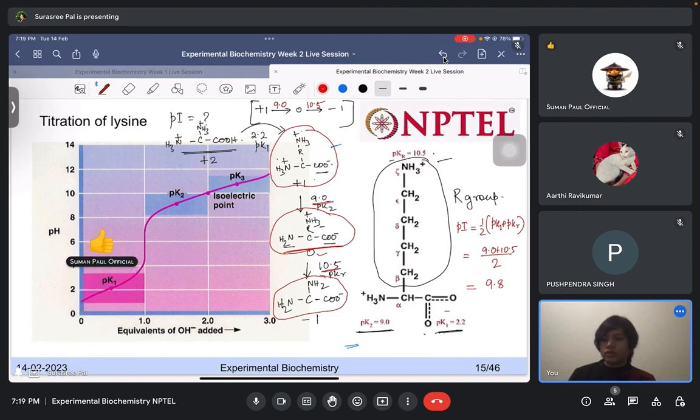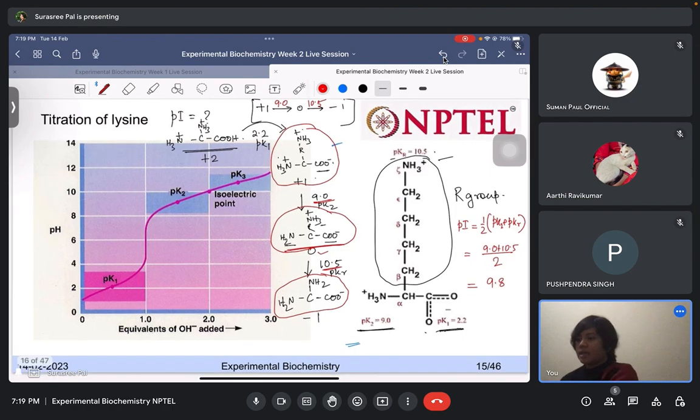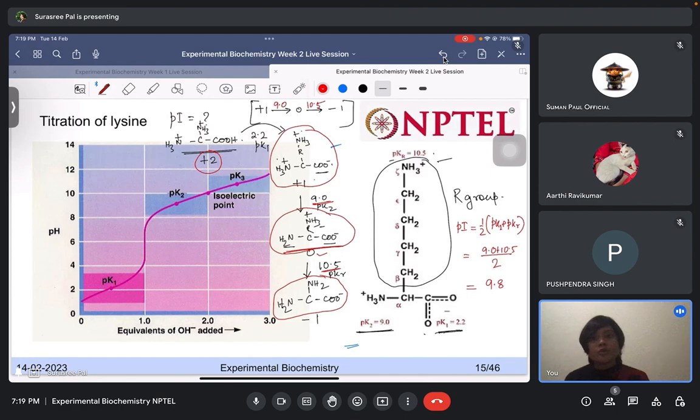Okay. So Shuman, you understood what was the mistake you did the first time? Yes. So you don't have to hurry here. Always you have to consider the structure, because this is a basic amino acid. The first state is this, the most protonated state, the +2 charge.